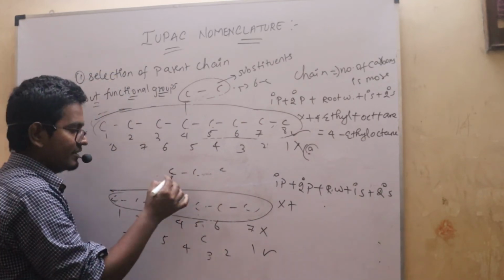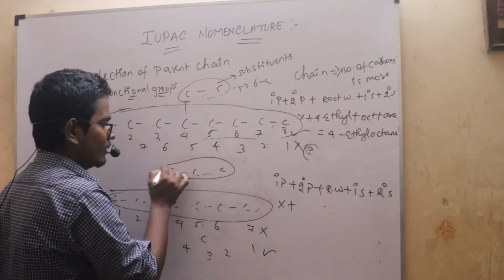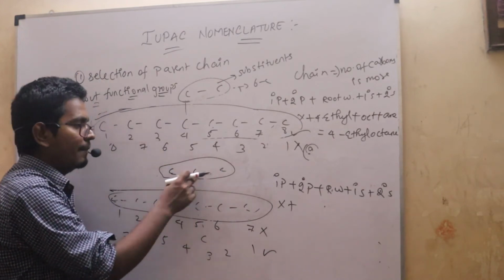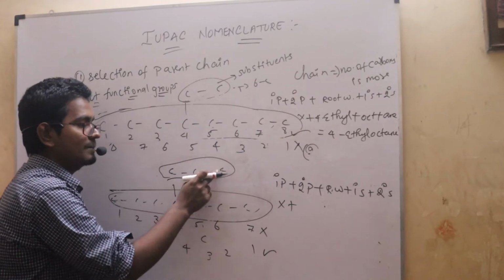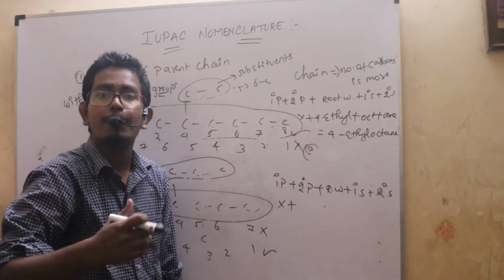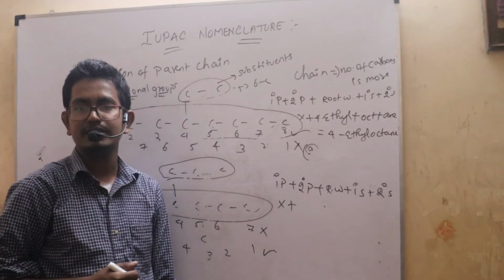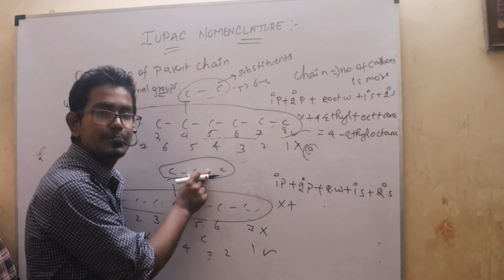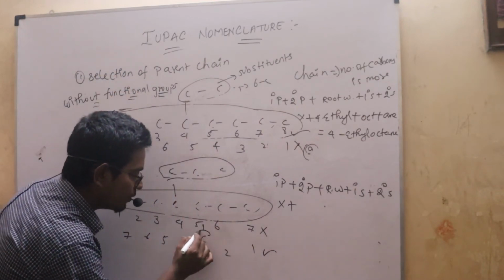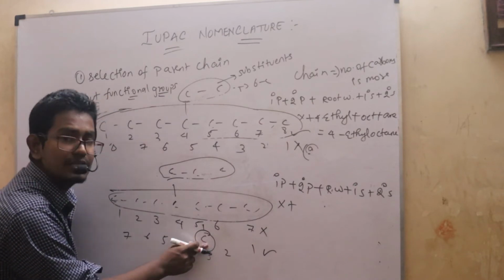If I am taking this substituent, what is the name of this substituent? Meth, eth, prop. That means the substituent name here is propyl because three carbon atoms are present. And this substituent has one carbon atom, so it is methyl.